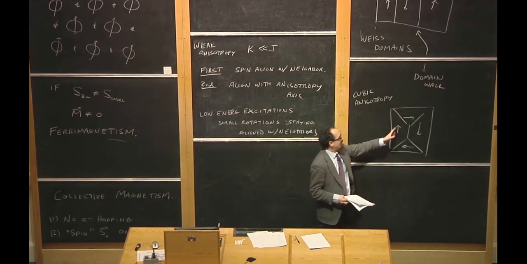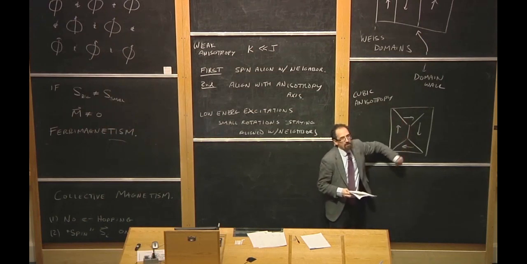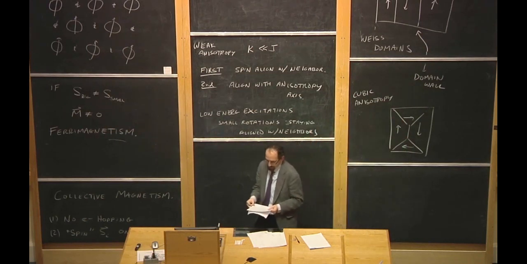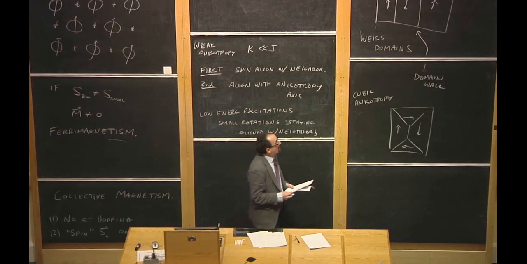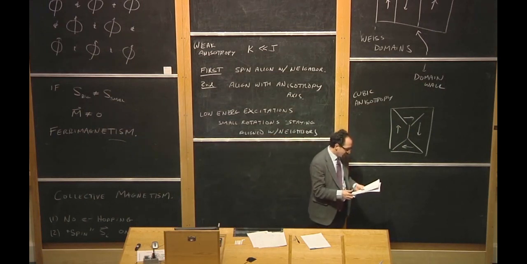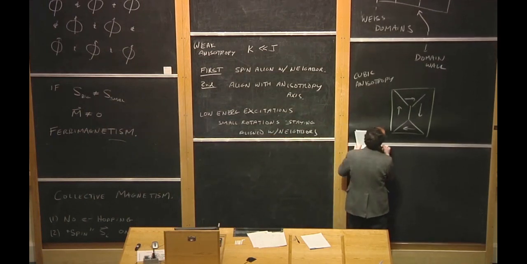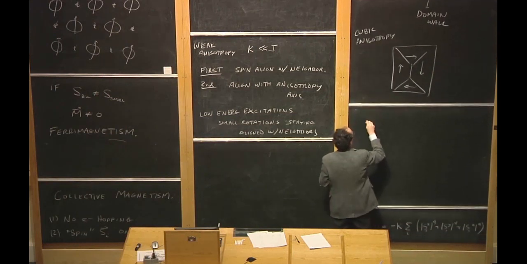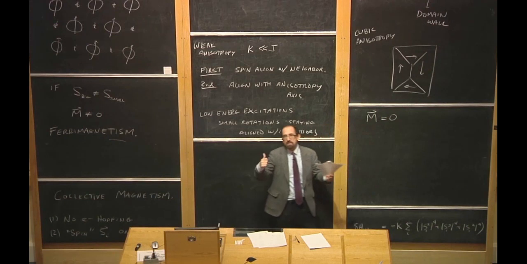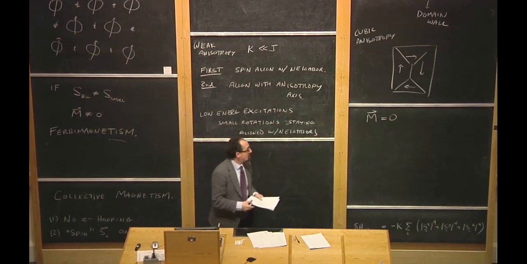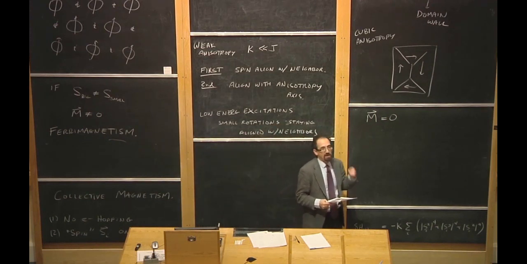This puts each dipole head to tail with the next dipole, which improves the energy even better. Overall, the total magnetization of one of these magnets is now zero again, because you have just as many up domains as down domains, and you get no magnetization at all.